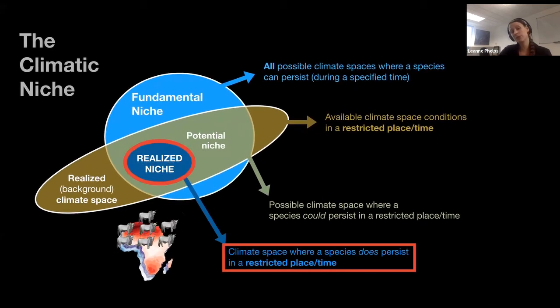This is further limited though, by different biotic and dispersal limitations. There are many different kinds of these, but I'll give you one example. When cattle, sheep, and goat all arrived in North Africa, it took thousands of years for them to spread southward over the continent. And it's been hypothesized that the reason for this is because there was a limitation that involved tsetse flies.